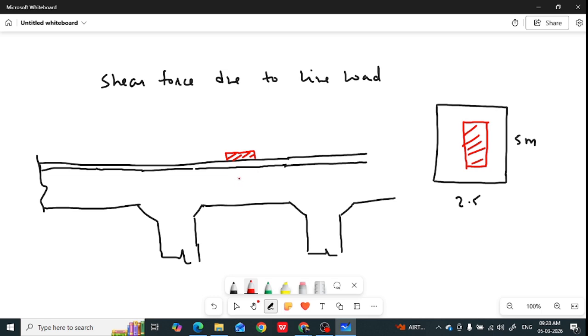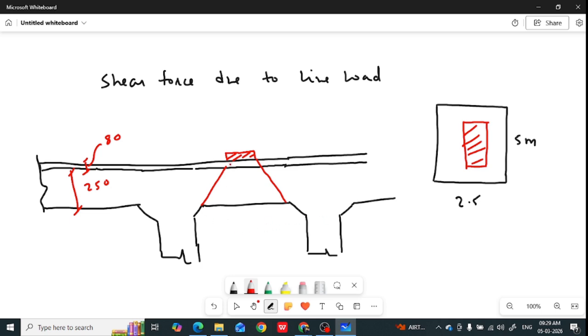We have to place the load in such a way that the entire dispersion should be within the span and near to the support. In that way we need to place the load of the truck so as to get the maximum shear force. The depth of the wearing coat is 80 mm and the depth of the slab is 250 mm. And we can learn how to find the dispersion.